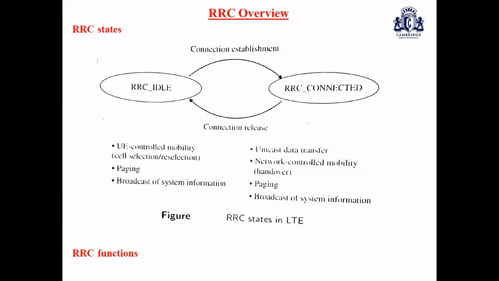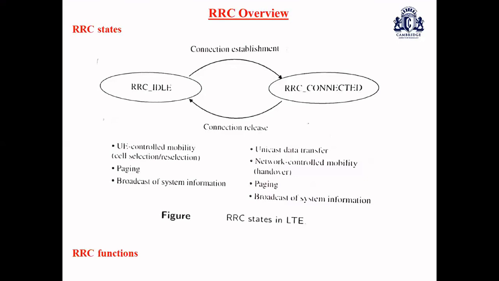SRB0 is for RRC messaging using your common control channel logical channel, and SRB1 is for RRC messages and NAS, that's what non-access stratum messaging, to establish your SRB2 using your DCCH, dedicated control logical channel. And SRB2 is used for NAS messages, that's what your non-access stratum messaging, using your DCCH logical channel.